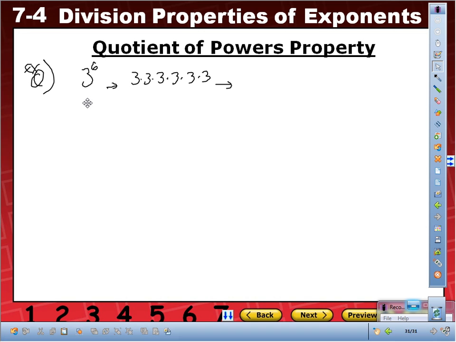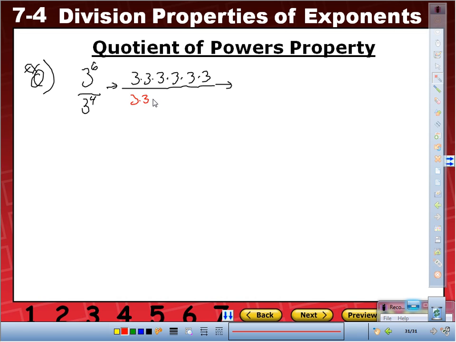However, now we have a fraction, and now we have a denominator. So therefore, my denominator, I'm going to do it in red. This becomes 3 times 3 times 3 times 3.